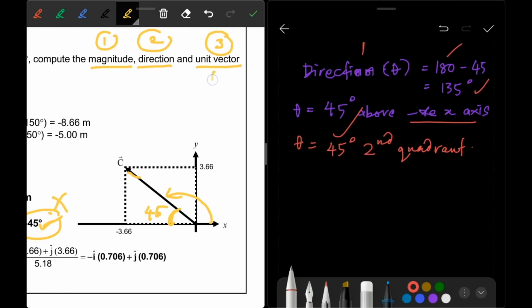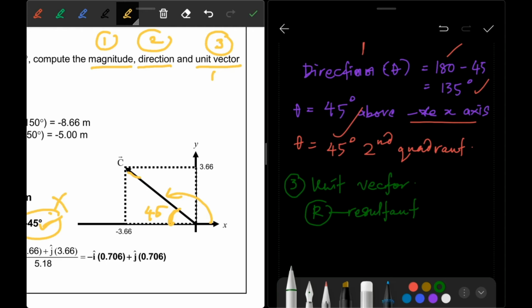And number 3 is unit vector. To find the unit vector, for this example, I use the symbol R for the resultant vector. You can use any alphabet. If you want to use, for example, K, it's also okay.